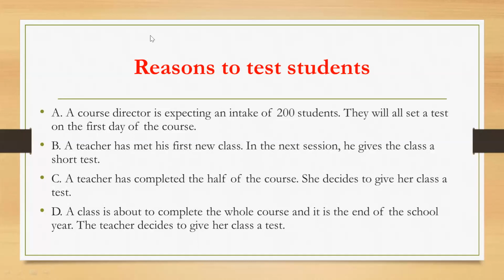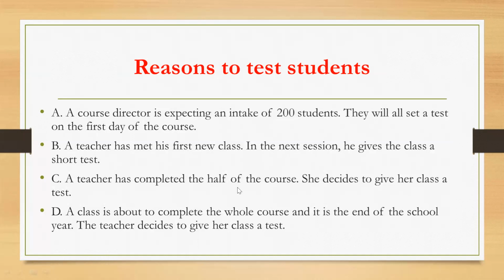A, a course director is expecting an intake of 200 students. They will all sit a test on the first day of the course. B, a teacher has met his first new class. In the next session, he gives the class a short test.